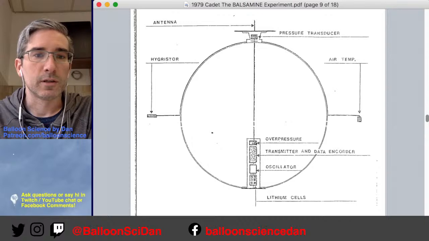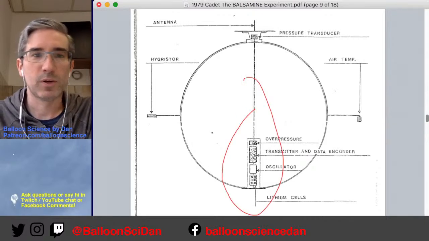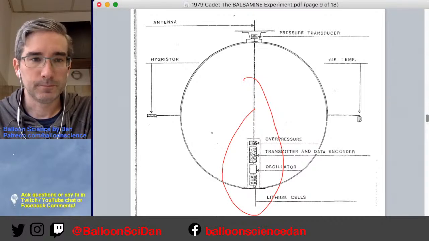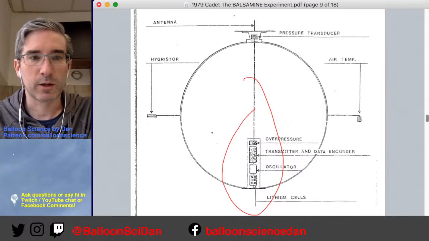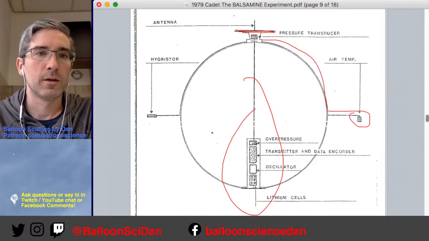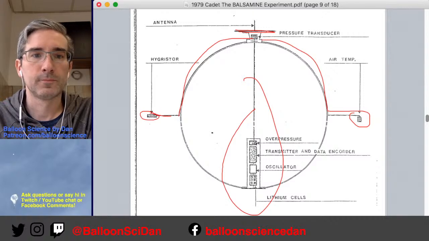We see here is the payload, all of the business parts of keeping a balloon alive: batteries, transmitter and data encoder and pressure sensor, outside pressure sensor, an antenna for transmitting, and I believe solar cells here. We have wires running down to an air temperature sensor, and wires running down to a humidity sensor there as well. Very neat.